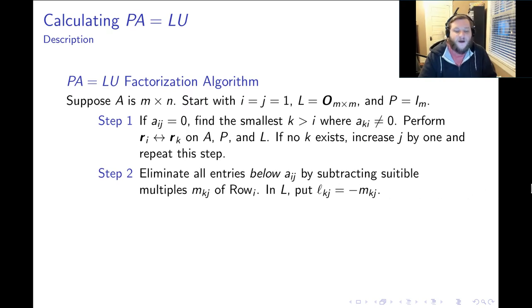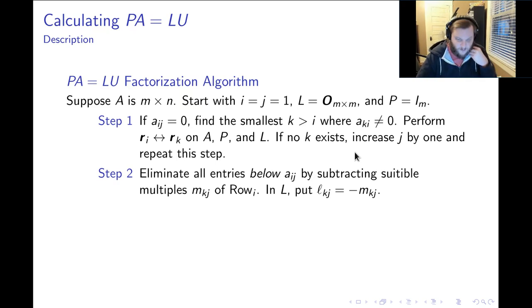Great. The next step is the elimination step. Once we have our pivot position, we are not going to scale it like we do in Gauss-Jordan because we only want to get to non-reduced row echelon form, not reduced row echelon form. We do, however, need to eliminate all positions below a pivot.